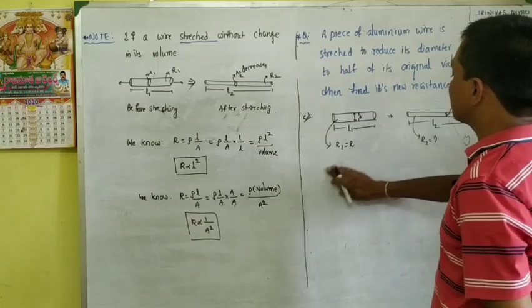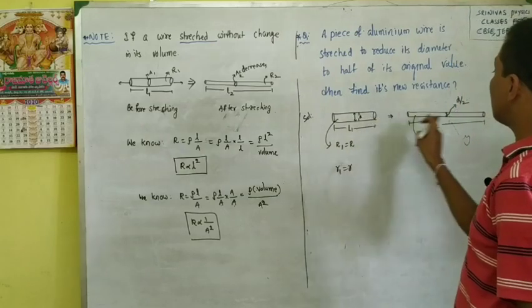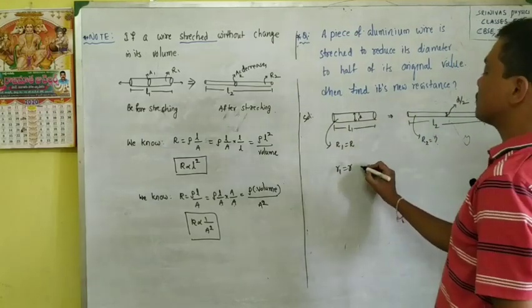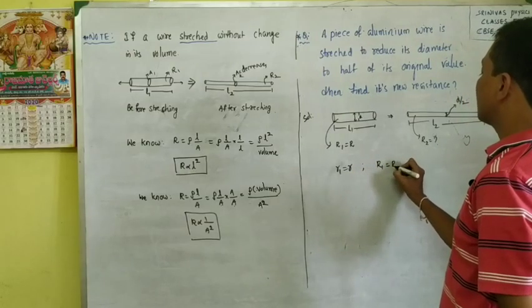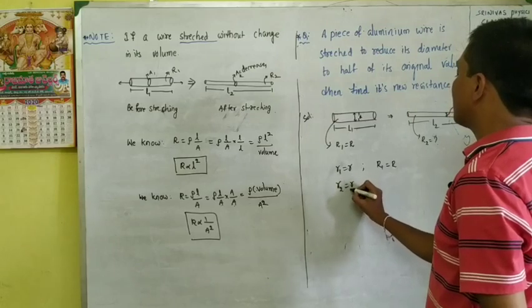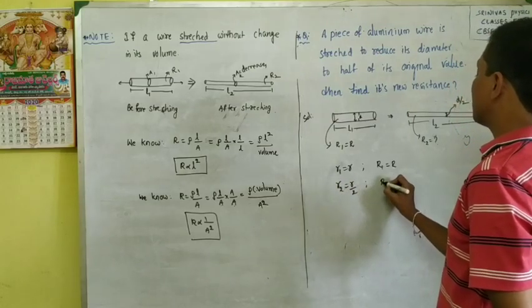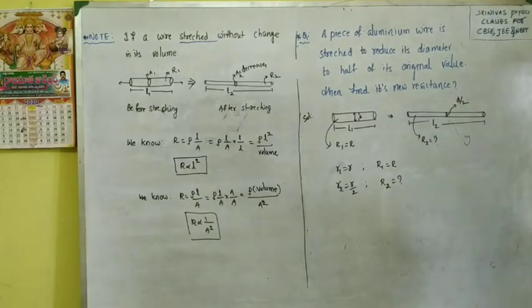The initial radius we can consider as r. When diameter becomes half, radius also becomes half. And initial resistance we will take as R. The final radius is half of initial radius. But the final resistance is what? That is our question.